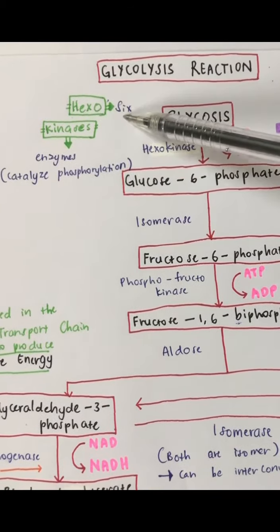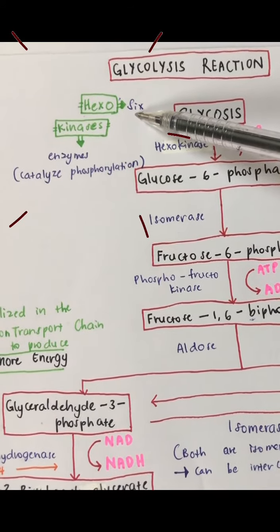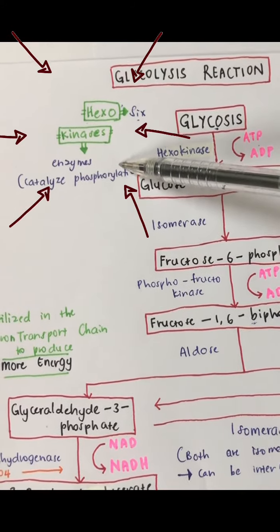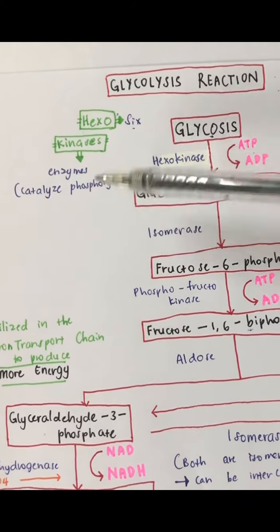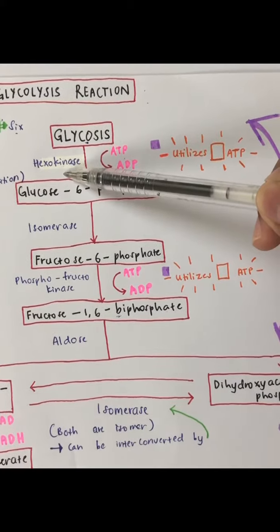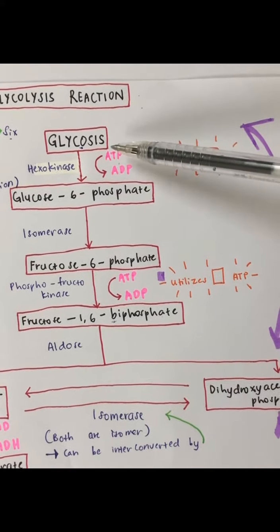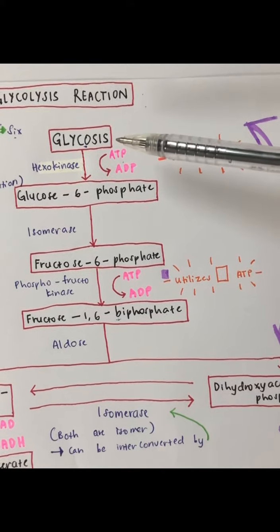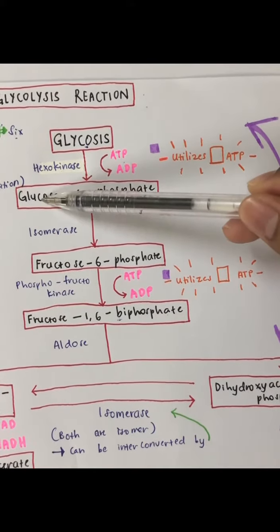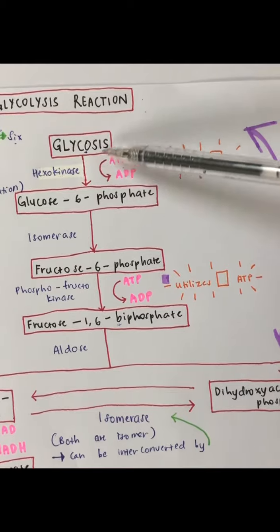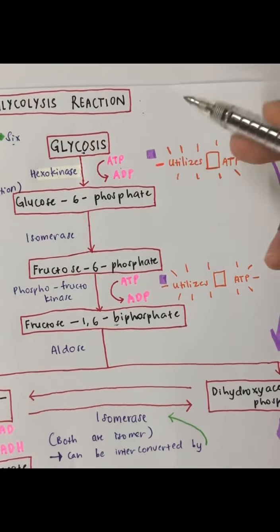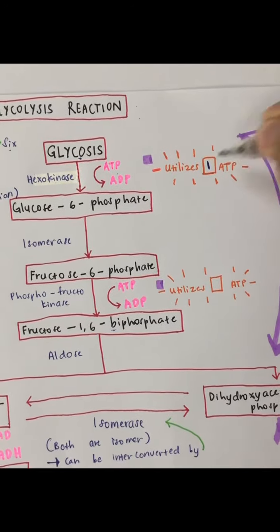Hexo means 6, denoting the 6-carbon compound glucose, and kinases are a group of enzymes that catalyze phosphorylation. Hexokinase transfers a phosphate from ATP to glucose, converting it to glucose 6-phosphate. In this reaction, ATP is converted to ADP. Thus, it utilizes 1 ATP.